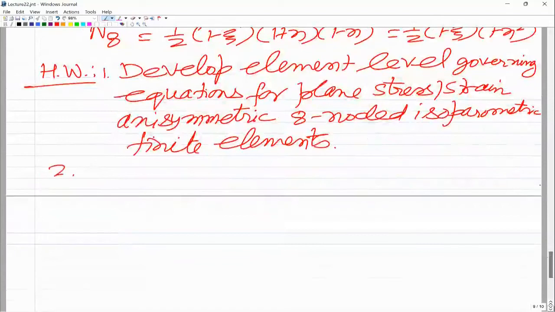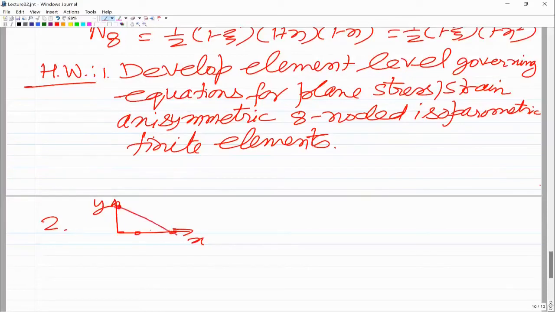The second homework problem, problem number 2, is, suppose you have the element in the physical coordinate space. So this is say the x coordinate and this is the y axis. The element is a bit arbitrary.